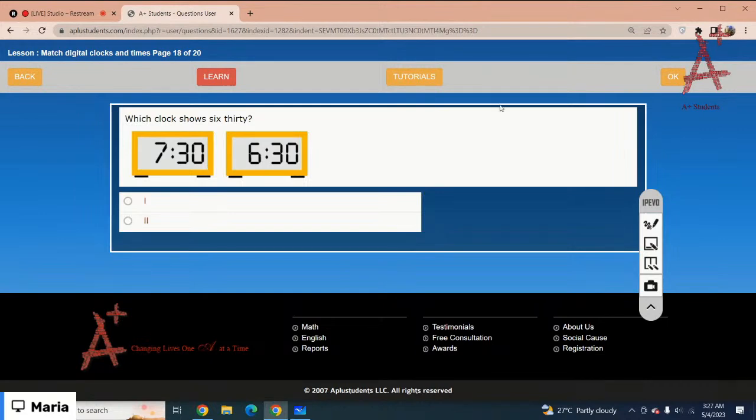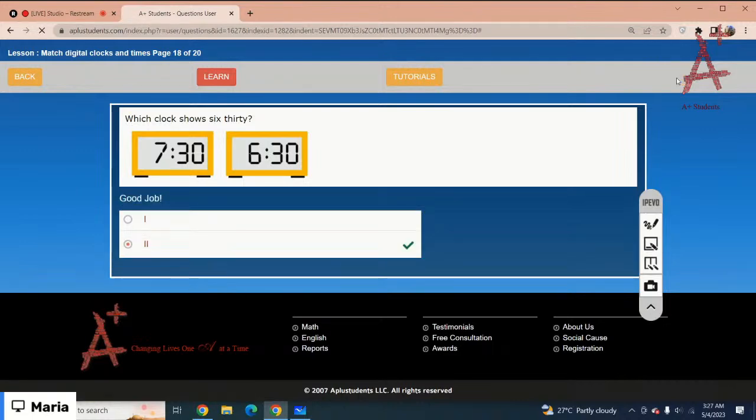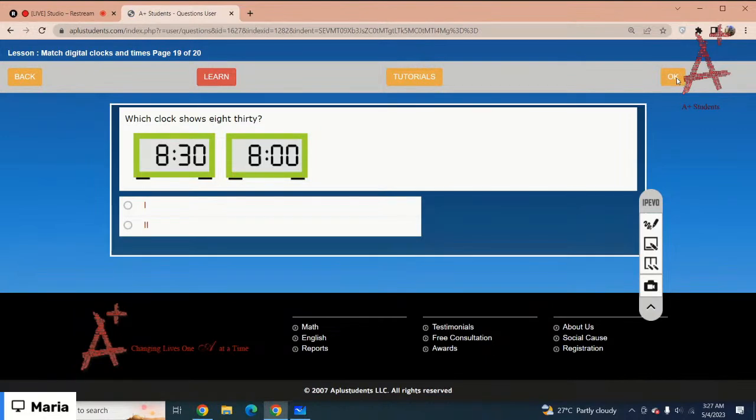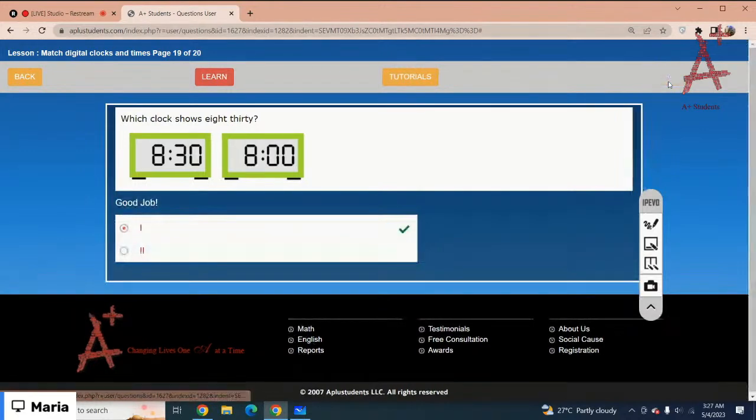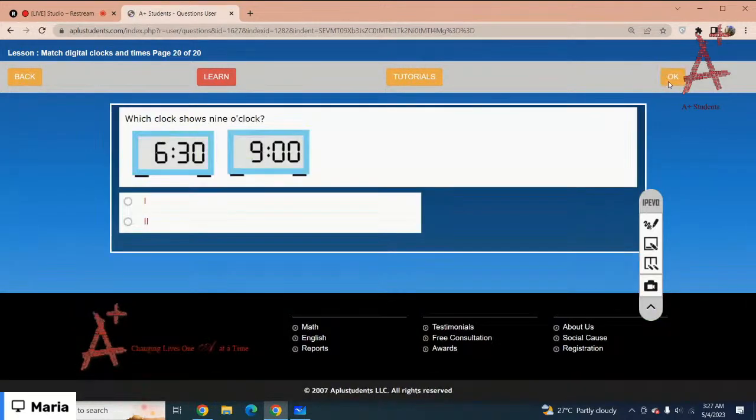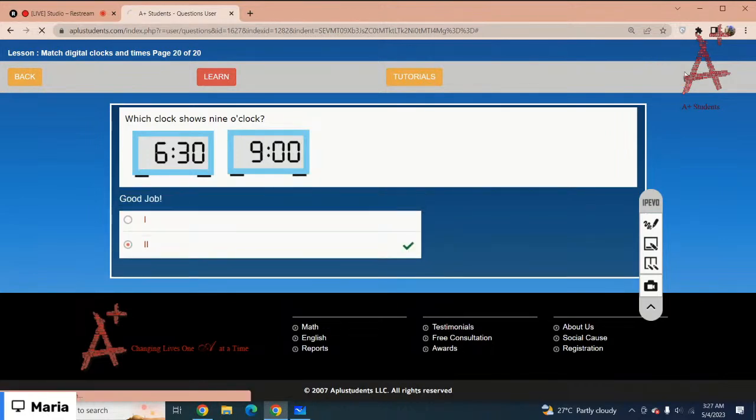Yes, the second one shows 6:30. Okay, which clock shows 8:30? Yes, it would be the first one that shows 8:30. Which clock shows 9 o'clock? Yes, that would be the second one. Okay, we are done with the test. Let's start with the next lesson.